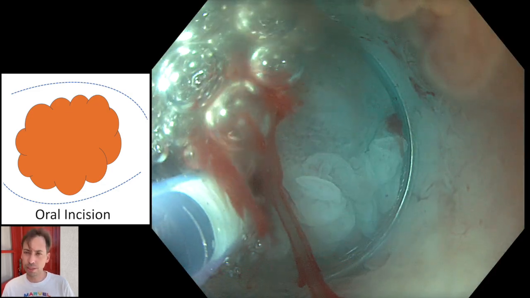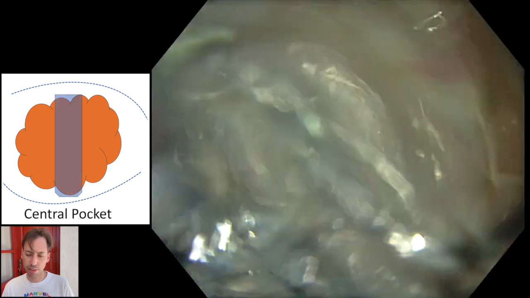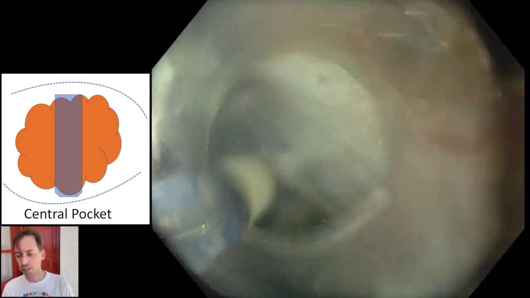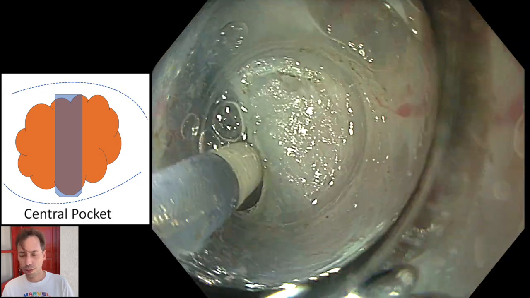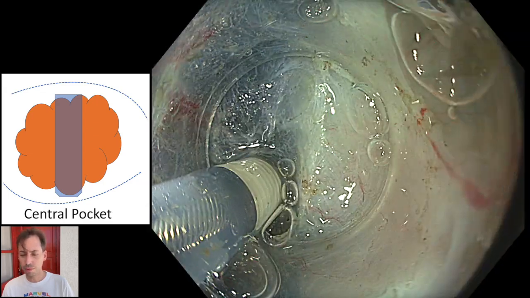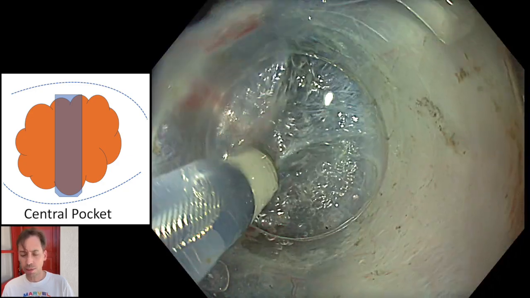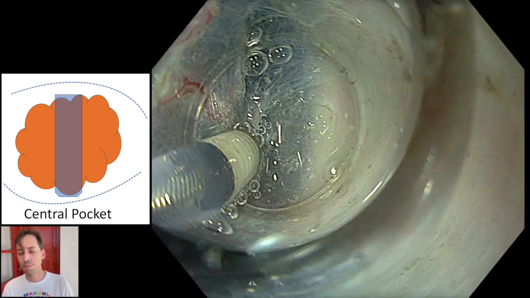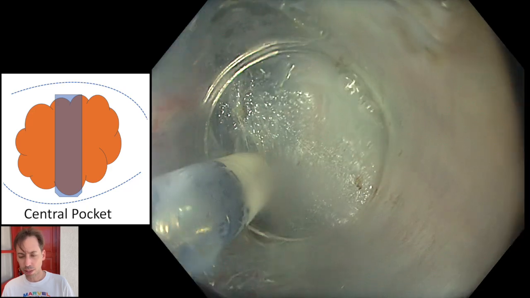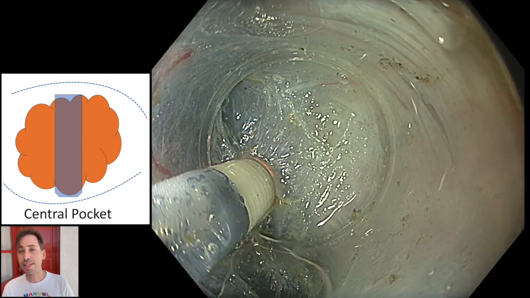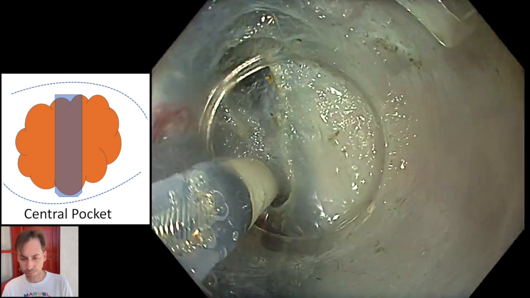Once we have completed the oral and anal incision, we start the tunneling, and for tunneling I like to use spray coagulation effect 3 with a value 3 processor. This current has excellent coagulation properties, and it is very fast for the dissection of the submucosal space.